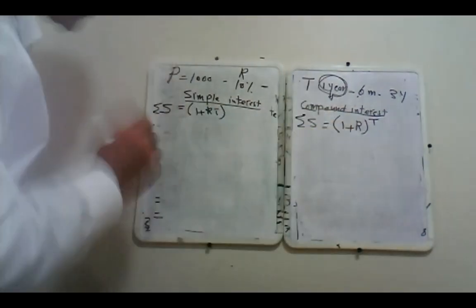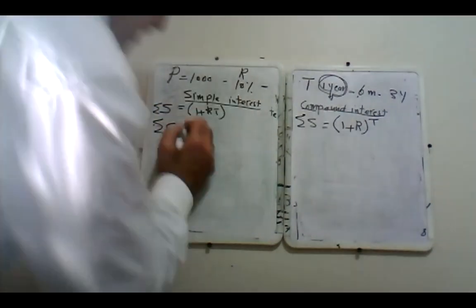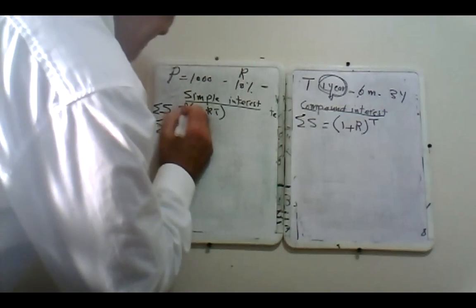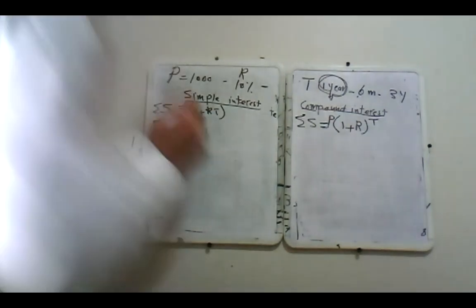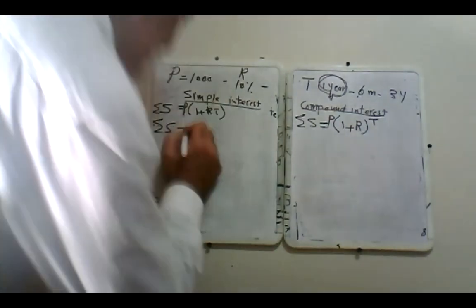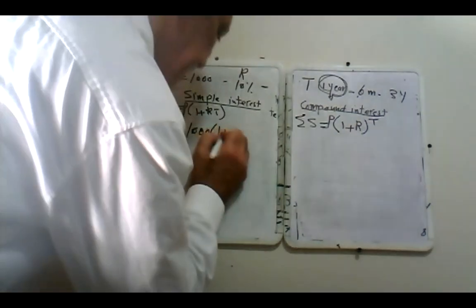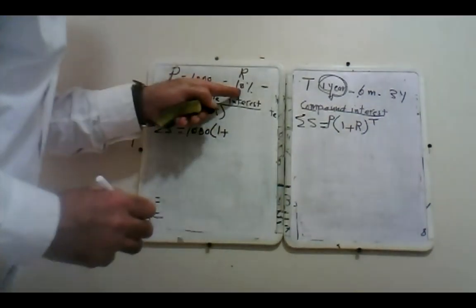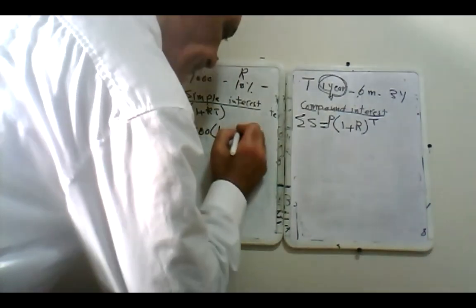So if t is 1 year, then based on the simple interest, we multiply by the present value. In both cases, we have the present value. The present value is $1,000 multiplied by 1 plus r. The rate is 10%, we said 10%, 0.1.